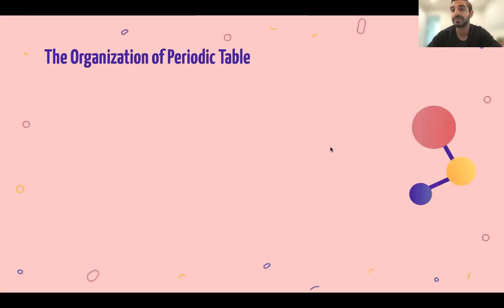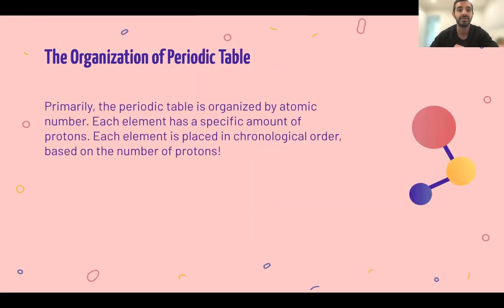The organization of the periodic table. The periodic table is organized by atomic number. Each element has a specific amount of protons. Each element is placed in order based on the number of protons that element has. So if we take hydrogen, atomic number 1, it has 1 proton.